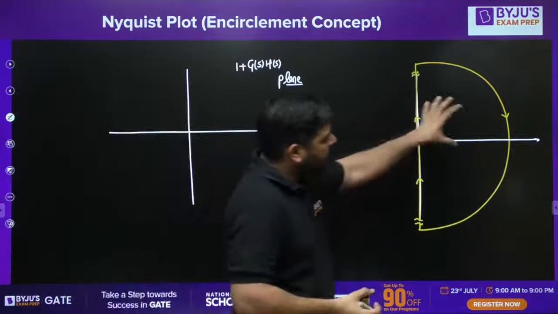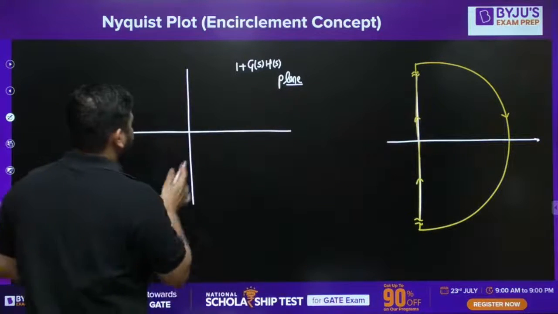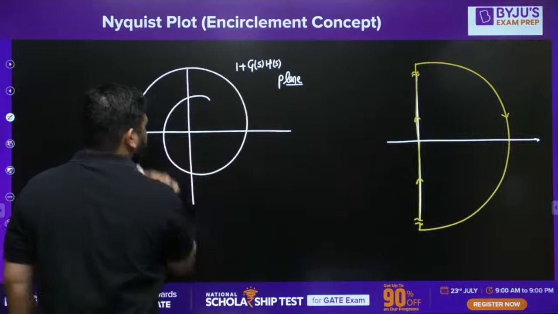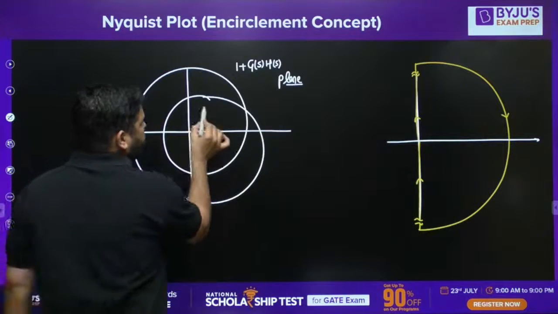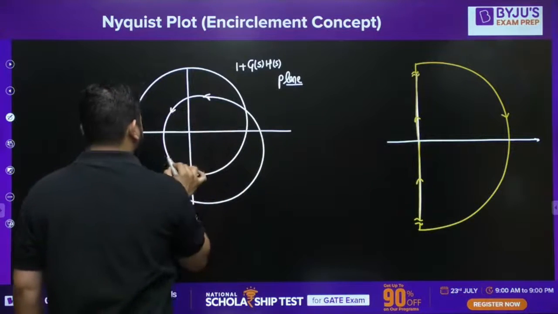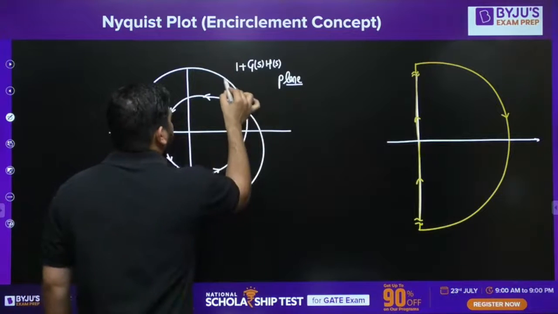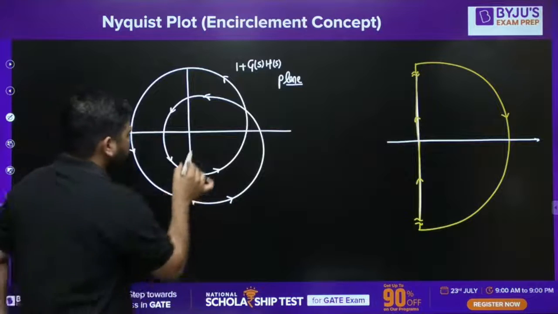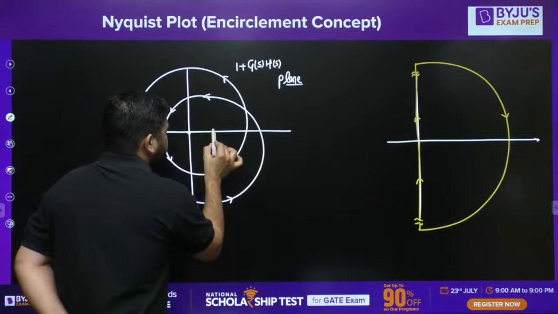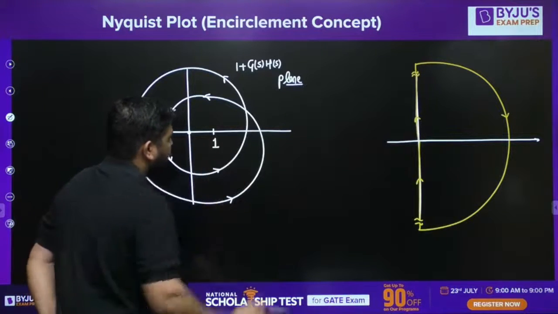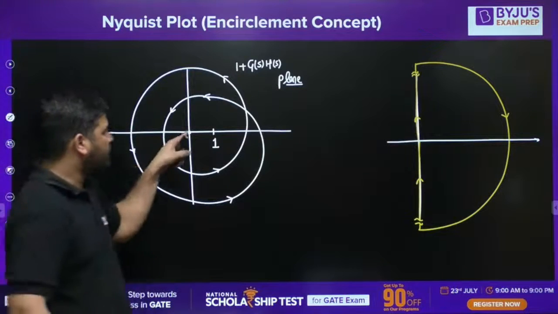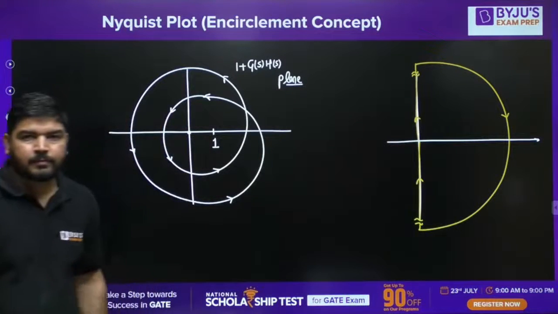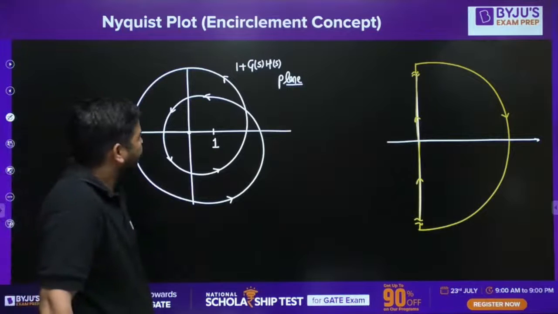I am mapping this S-plane contour into the 1 plus G(s) plane, and it is like this. Here it is the origin, and here it is 1.